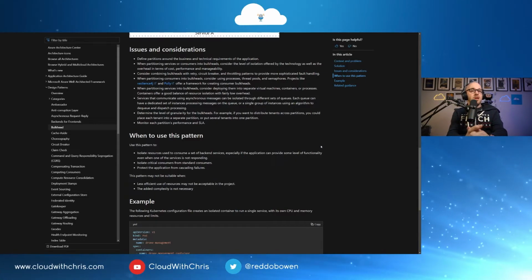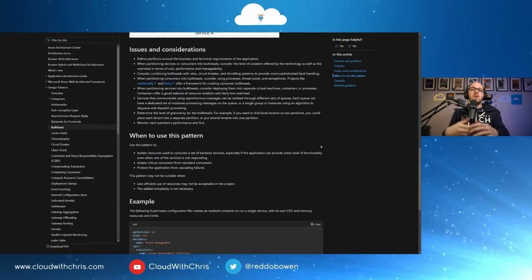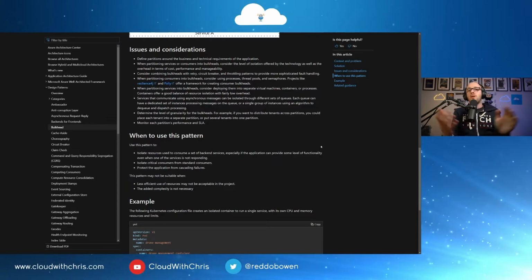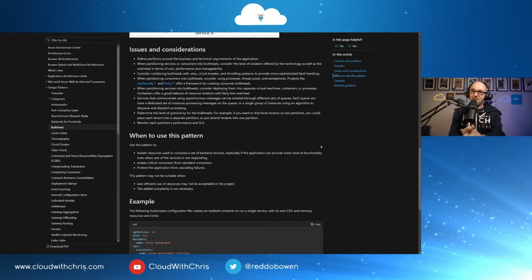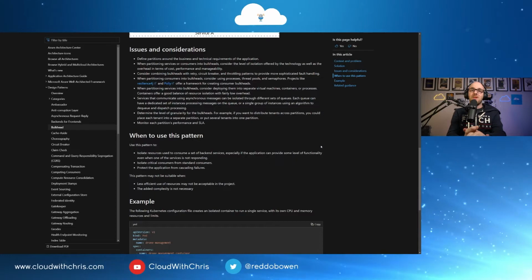Now, you also want to consider combining this pattern with some of the other patterns we've looked at before. So like the retry pattern, for example, the circuit breaker, the throttling pattern, because you don't really want to lose that one service and go, oh, hopefully it might come back at some point, right? You still want to have those other performance and resilience practices in place so that you can go, right, this thing has failed, let's try it again.